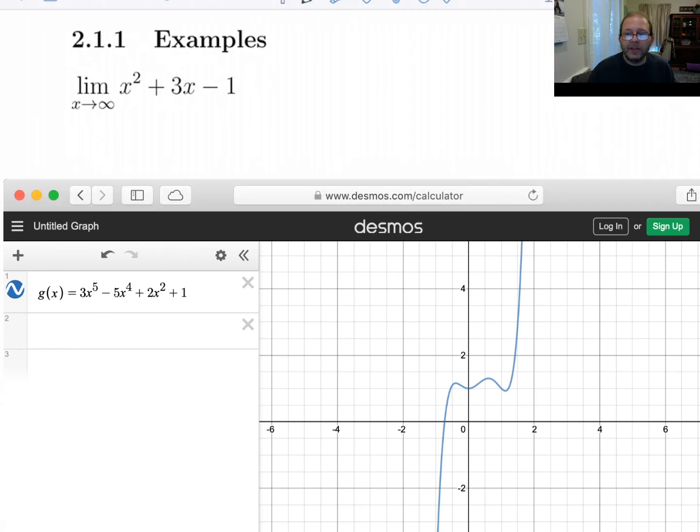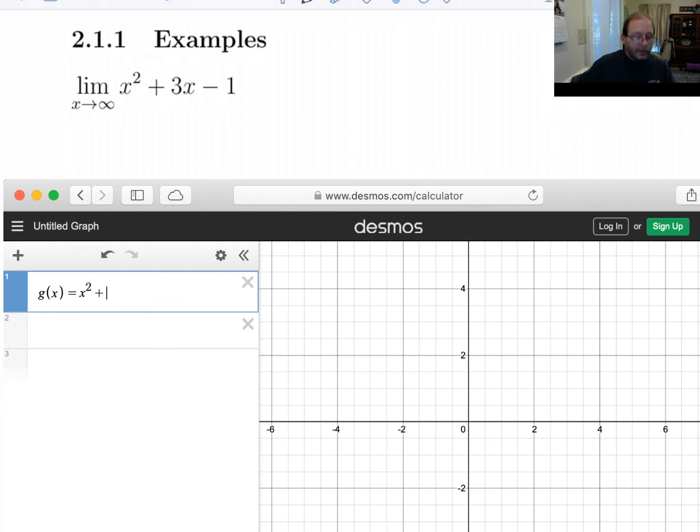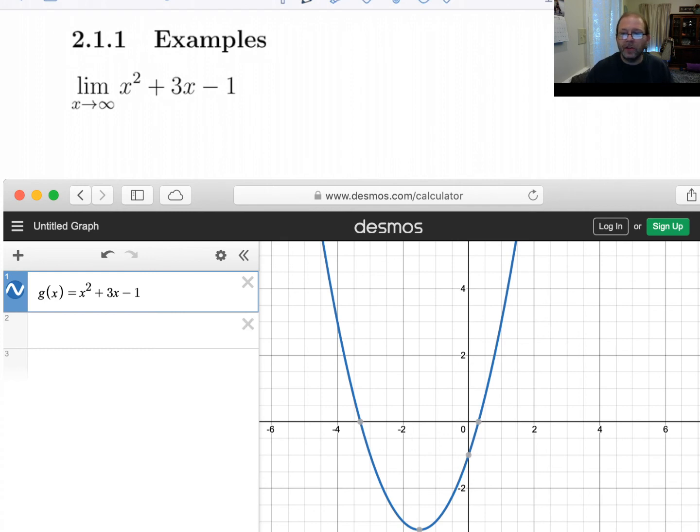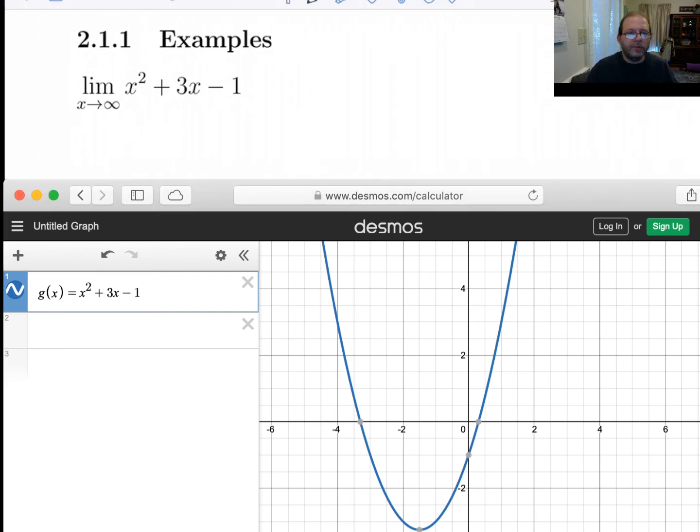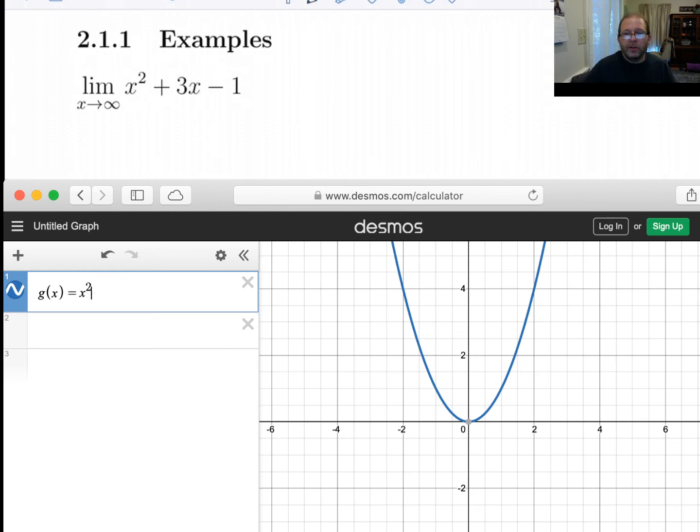If I put that in and say x squared plus 3x minus 1, you can see that as x goes to infinity, y is growing also to infinity. The truth is, the two terms, 3x minus 1, those don't matter. If I take those off and just leave that original term there, the original leading term is the only one that affects the end behavior.